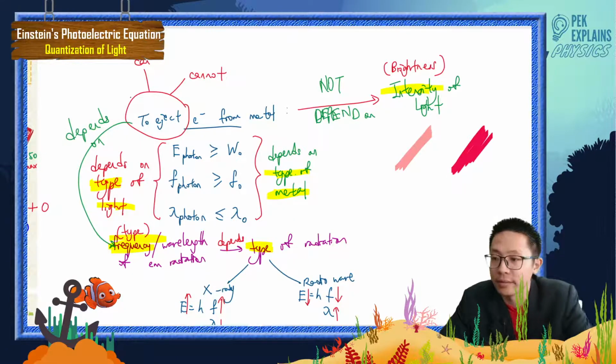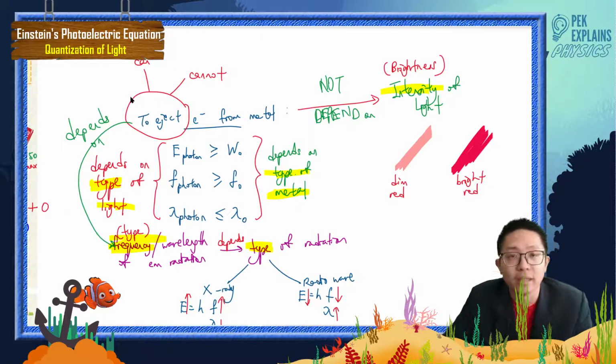Still red light, but a dim red and a bright red. This is intensity. You understand, right? This is about the intensity of light.